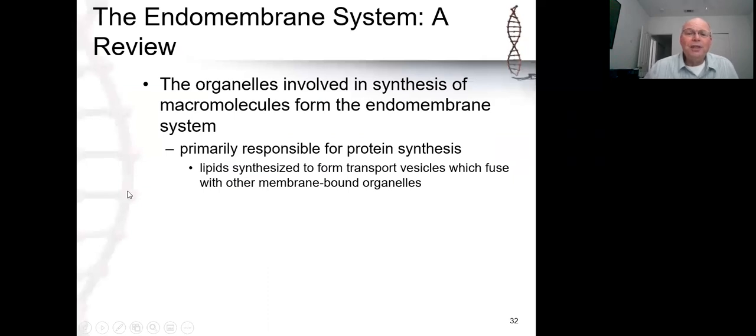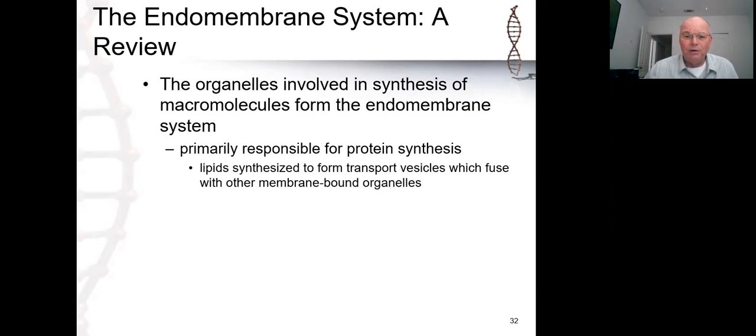So when we start thinking in terms of the endomembrane system as a series of organelles linked together by transport vesicles, we start to understand the reason why certain things are associated with the endomembrane system. So number one, we know that the endomembrane system is involved in protein synthesis.